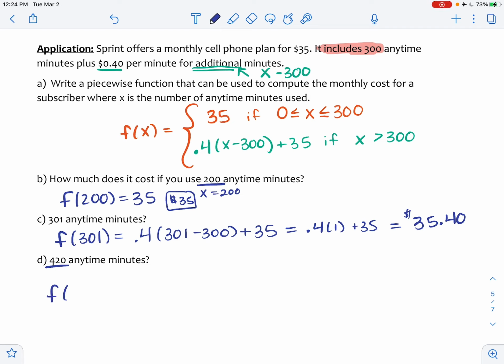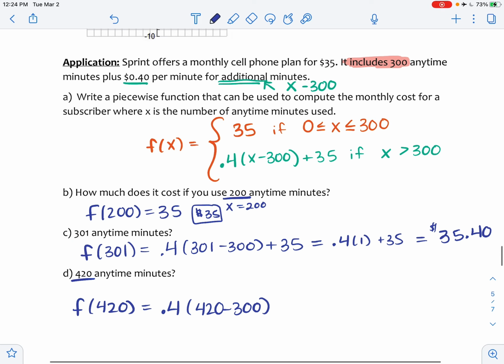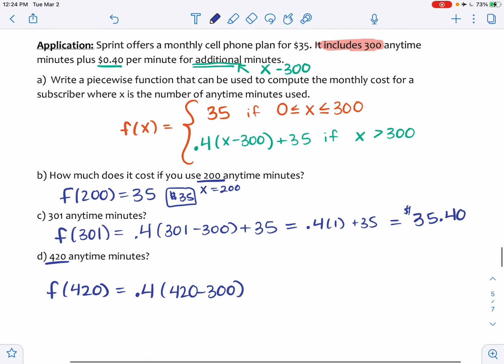I'm looking for f of 420. Again, 420 is greater than 300, so you're going to have to plug it into the equation to find how much it will cost you. So I get 0.4 times 420 minus 300 plus 35. And I'm going to now simplify. So we'll do 420 minus 300.